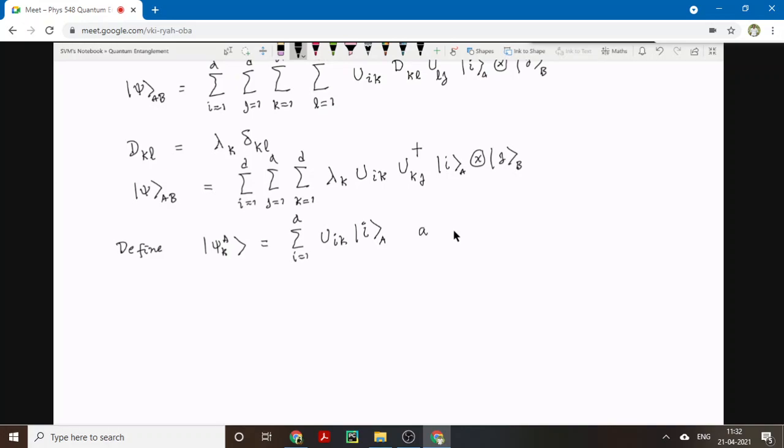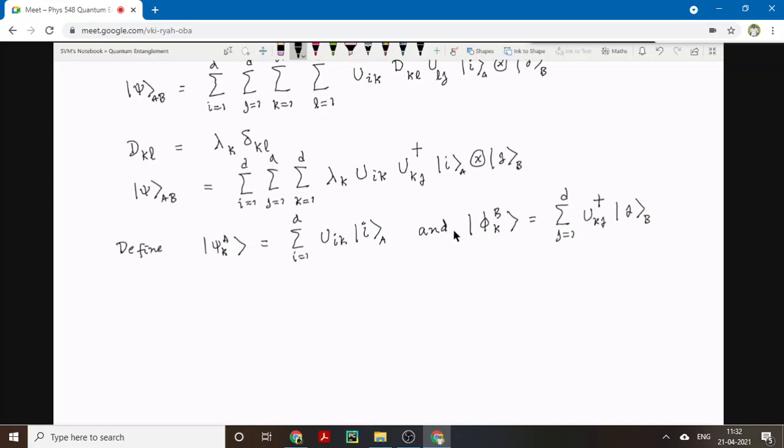And ket phi k B to be equal to sum over j equal to 1 to d of U dagger kj into ket j B. Sorry, I should not read it as Ukj dagger. It is U dagger kj.